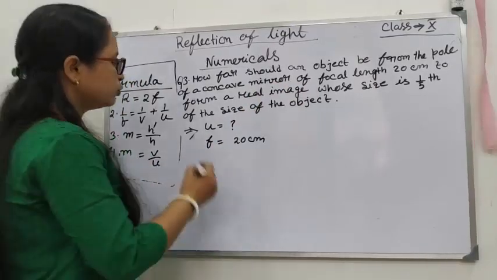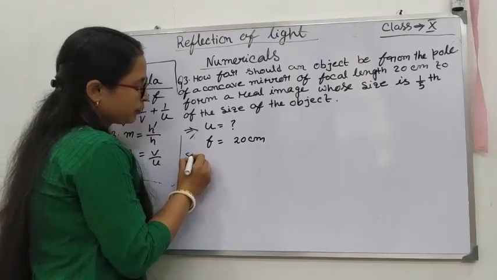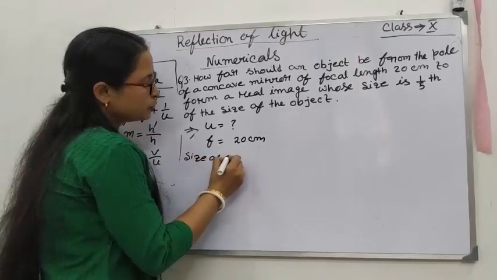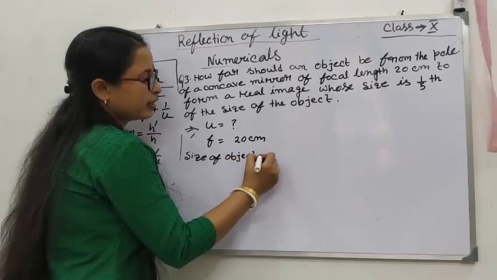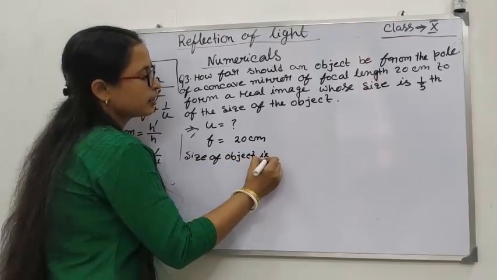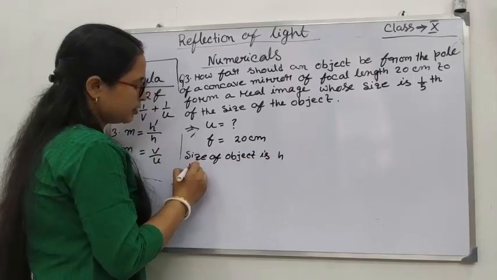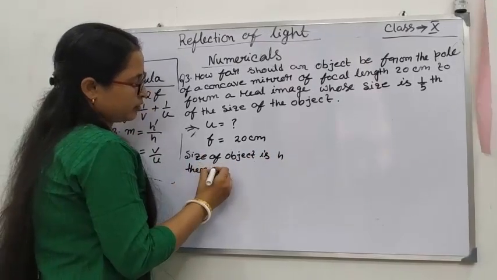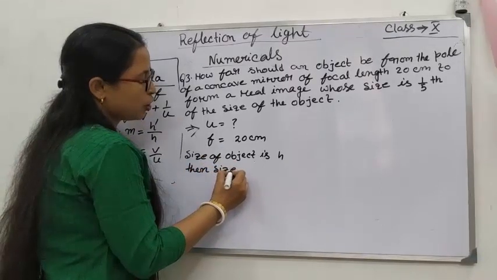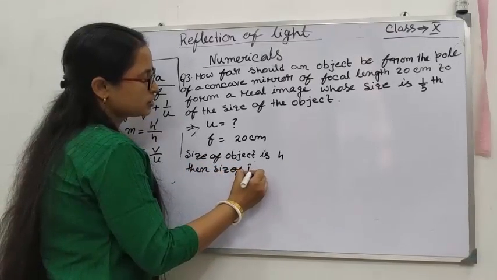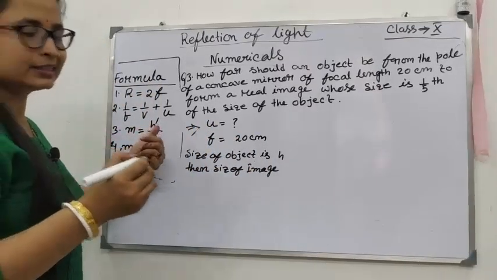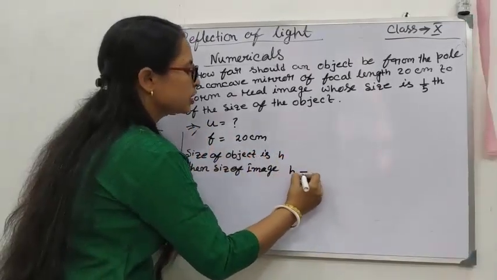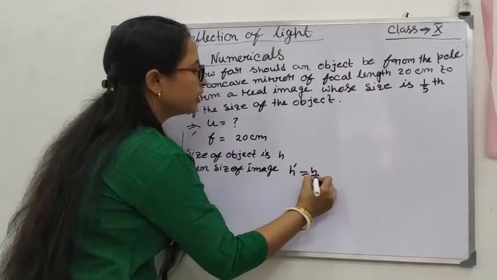That means if you let the size of the object be h, then the size of the image we have taken as h dash. So h dash is equal to h by 5. Why?